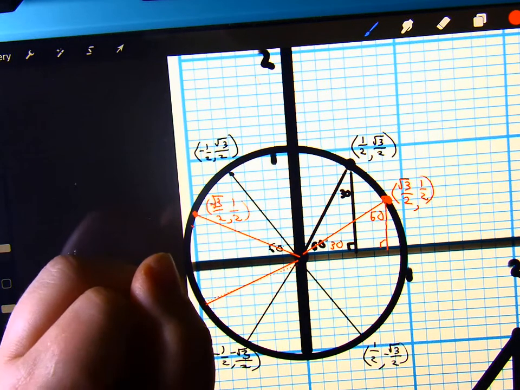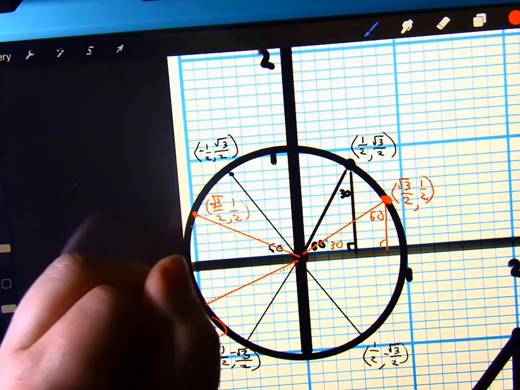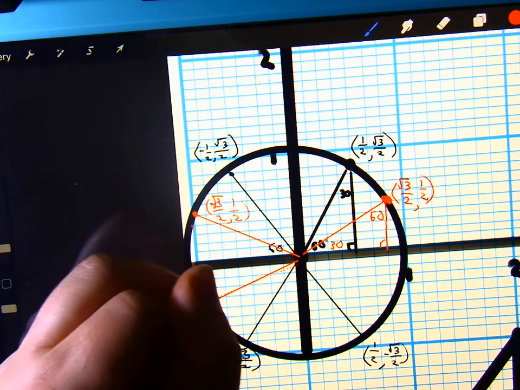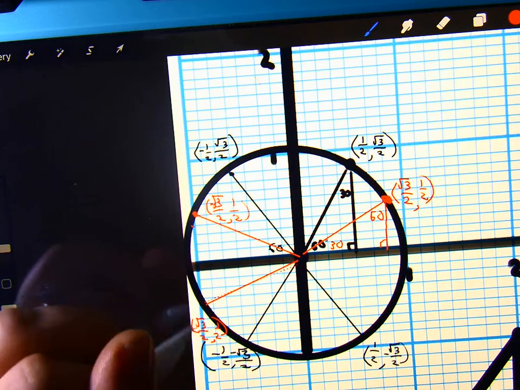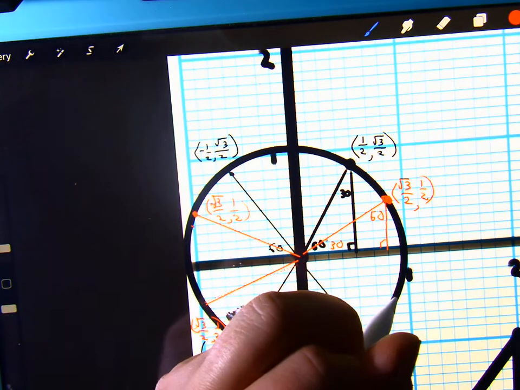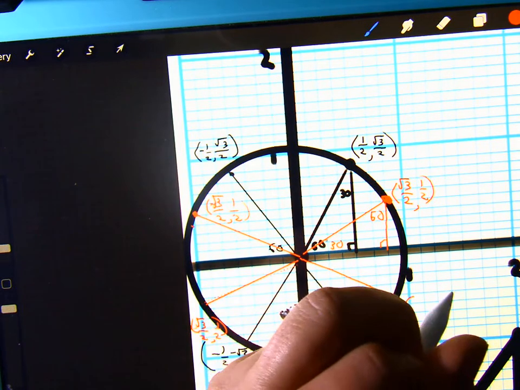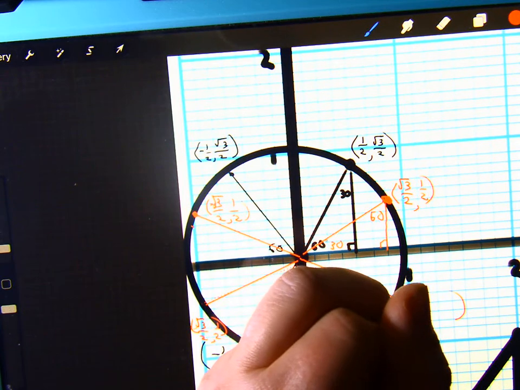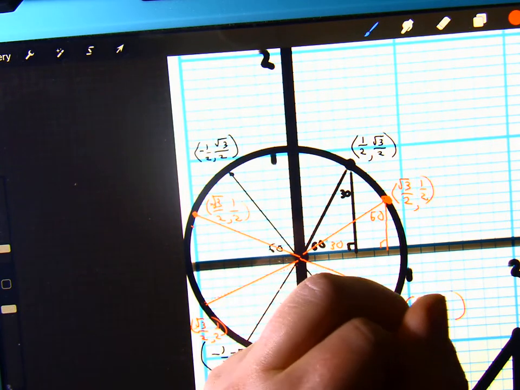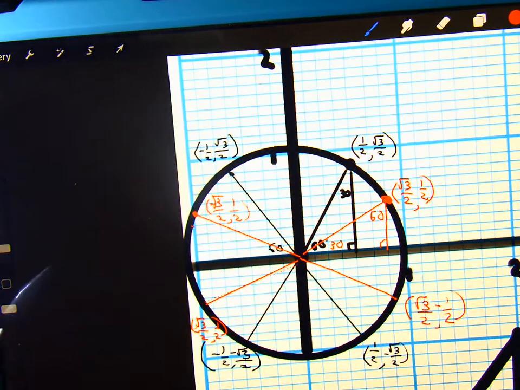And so they're all just going to be flipped. So radical 3 over 2 and 1/2. And they're both going to be negative. And I'm going to do the same thing over here. And for this is going to then be radical 3 over 2 and 1/2, but my y is negative.